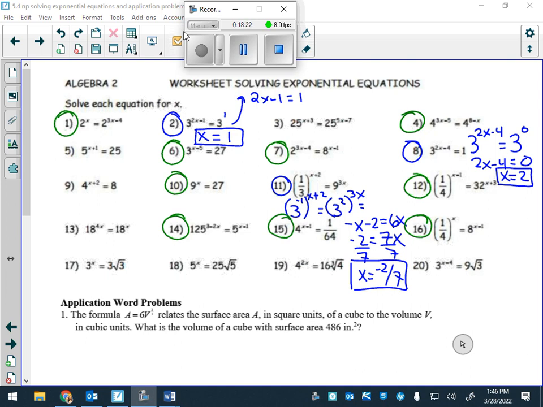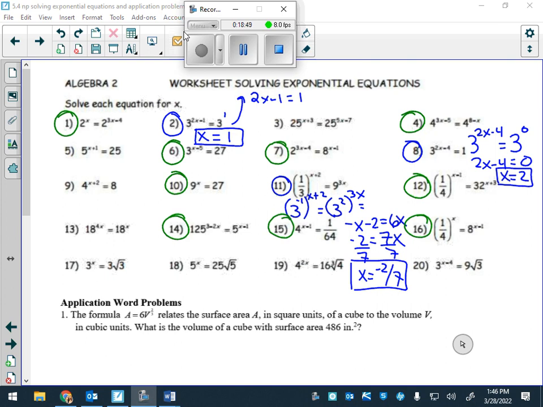Looking at 32 and 4, what base do they have in common? 2. So I know this is 2 to some power equals x minus 1, and this will be 2 to some power equals x plus 3. So 2 to what power will give me 1/4?